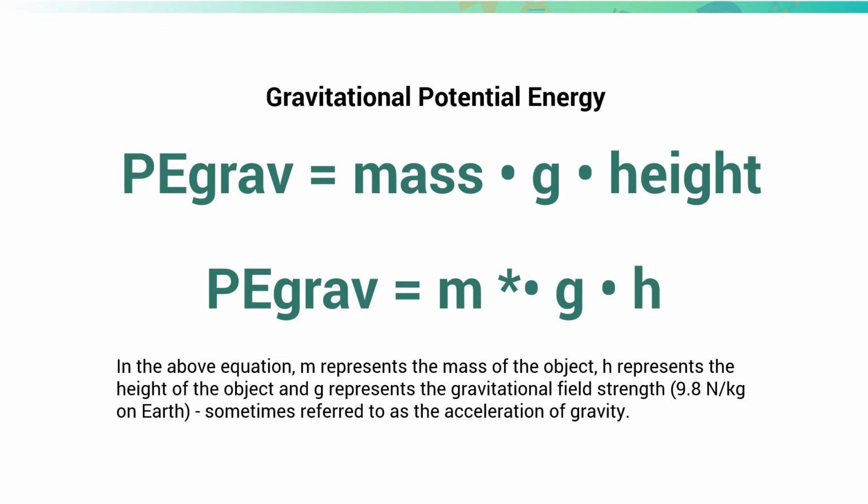Remember that gravitational potential energy is the stored energy as a result of an object's vertical position. The energy is stored as the result of the gravitational attraction of the Earth for the object. The gravitational potential energy of the massive ball of a demolition machine is dependent upon two variables.